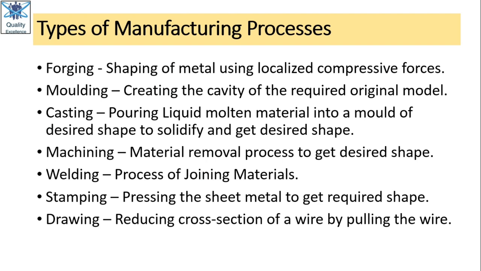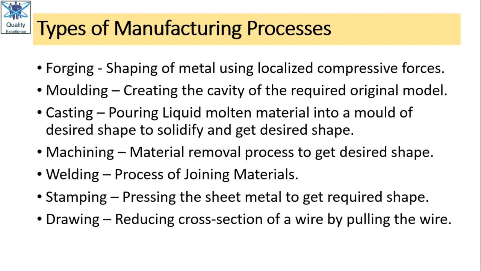Casting is pouring liquid molten material into a mold of desired shape to solidify and get the desired shape. Machining is a material removal process to get the desired shape. Welding is a process of joining materials. Stamping is pressing the sheet metal to get the required shape.